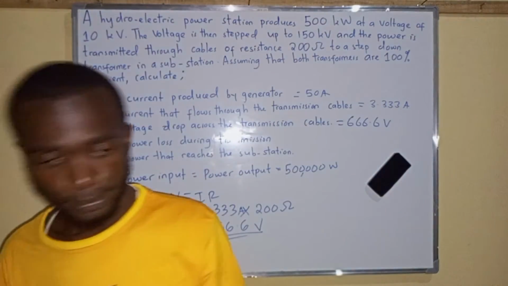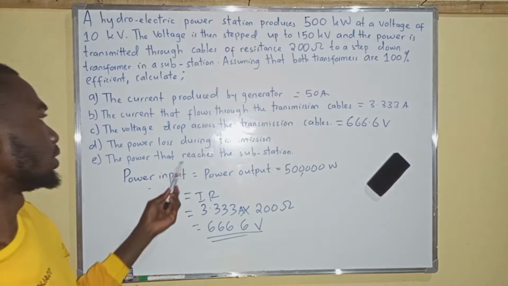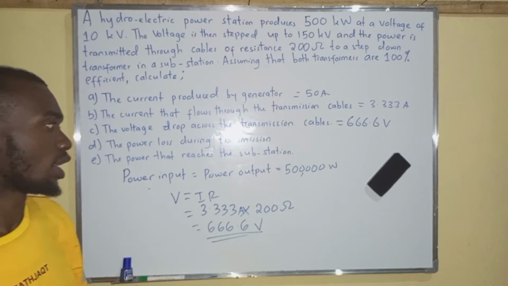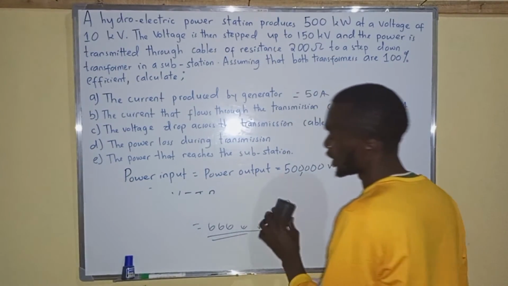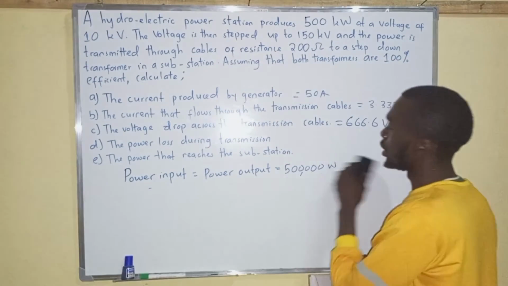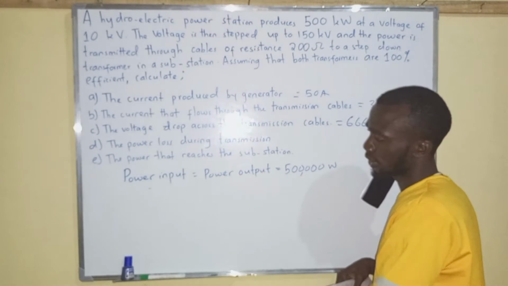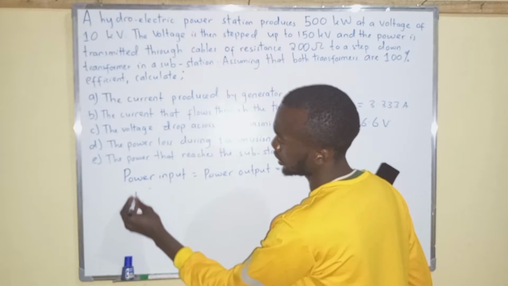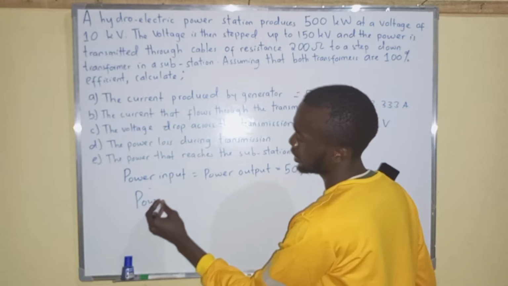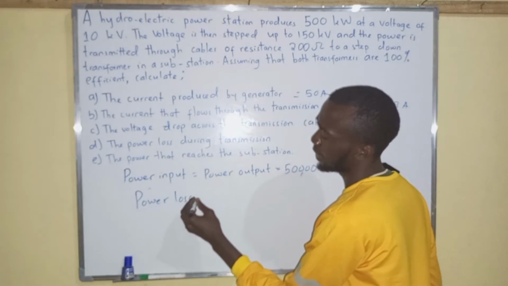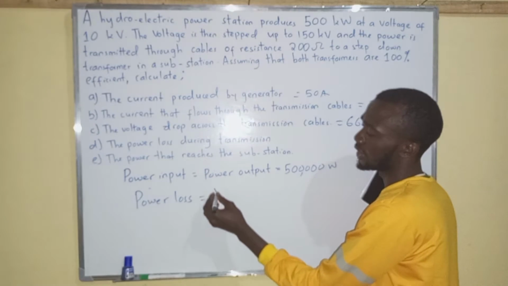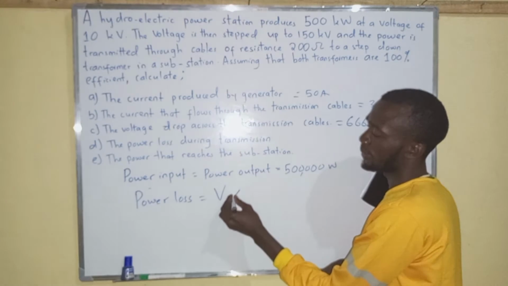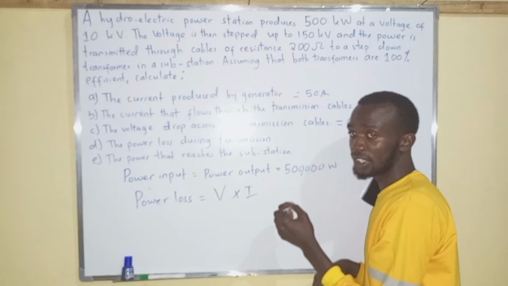Then part D, the power loss during transmission. The power which is lost during transmission is the power loss in the transmission cables. So the power loss is the same as VI, the voltage drop in the transmission cable multiplied by the current through the transmission cable.